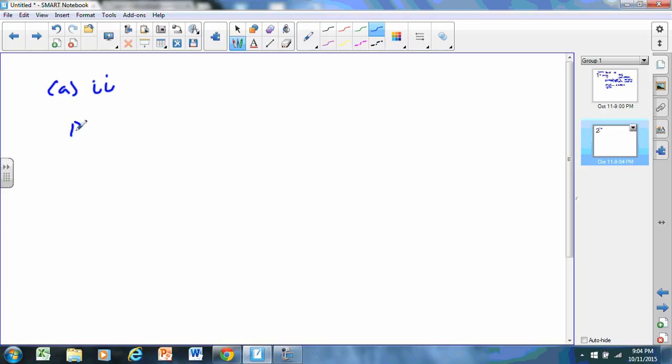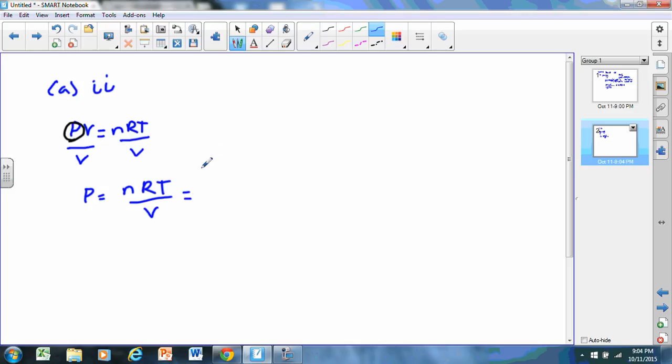Again, they love gas laws, particularly this one, PV equals nRT, but they want to know the pressure, so we're solving for P. So the first thing we need to do is divide both sides by V to isolate it. And so P is equal to nRT over V.